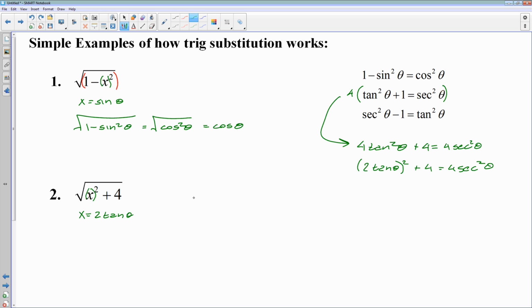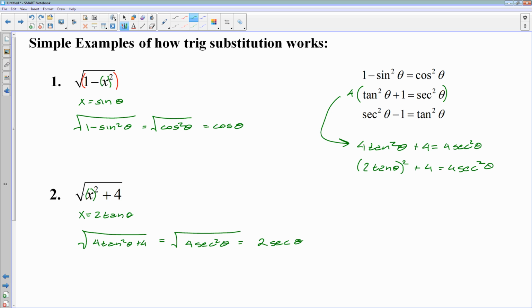Because when I make that substitution, this turns into quantity 2 tangent theta squared, which is 4 tangent squared theta plus 4. And then based on this identity, 4 tangent squared theta plus 4 is 4 secant squared theta, and the square root of that would be 2 secant theta.